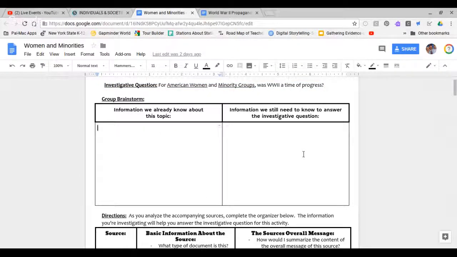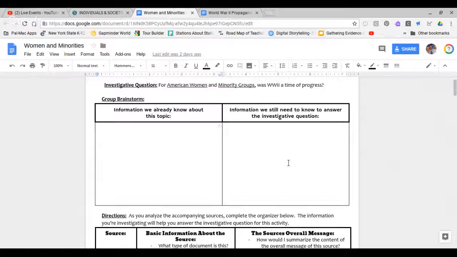For information we still need to know, this is what we're looking to answer: was it a time of progress? Did they advance with their rights during World War II, and did they stay even after the war ended? So we're doing 2 sides. First, information we already know about this topic, and second, information we still need to answer the investigative question.